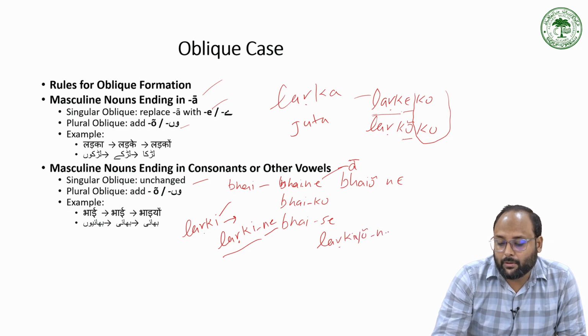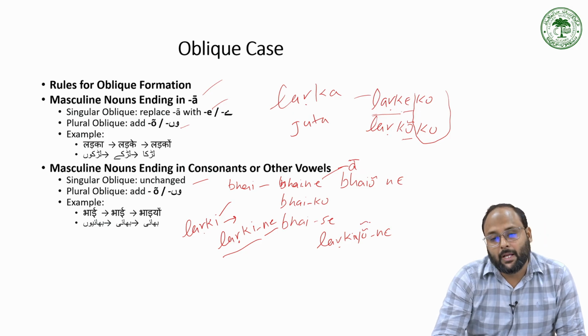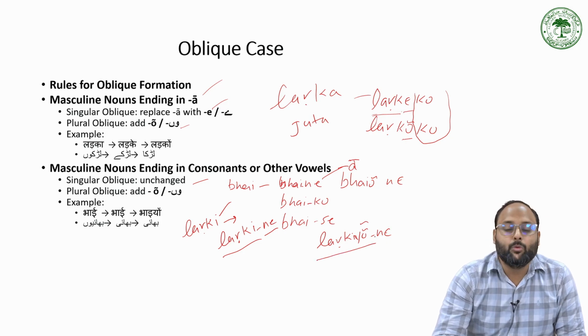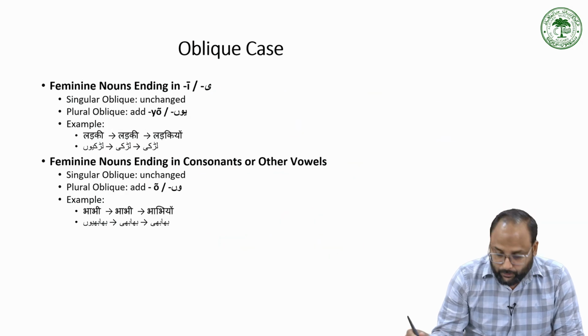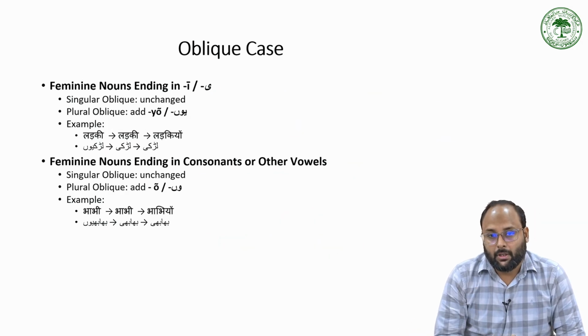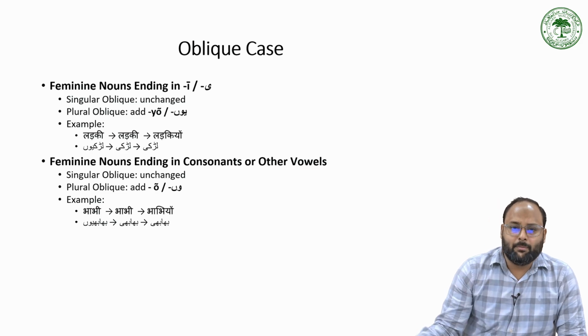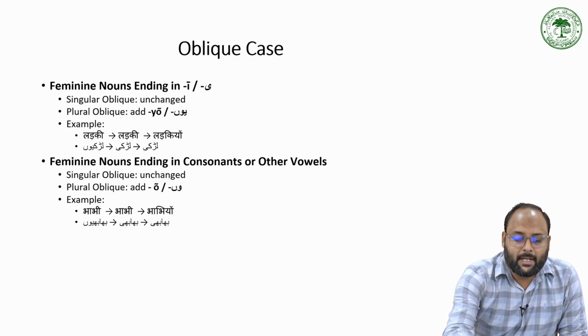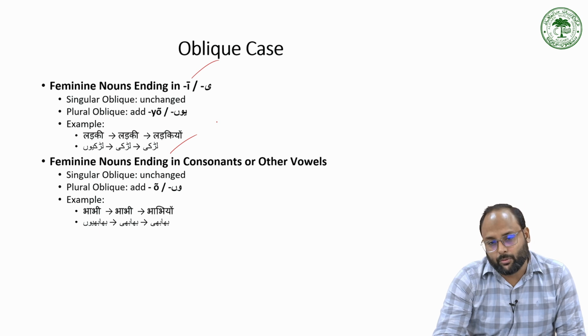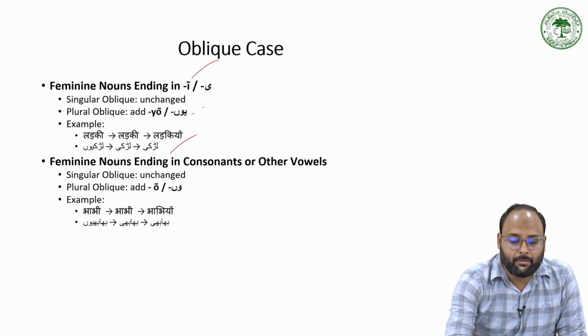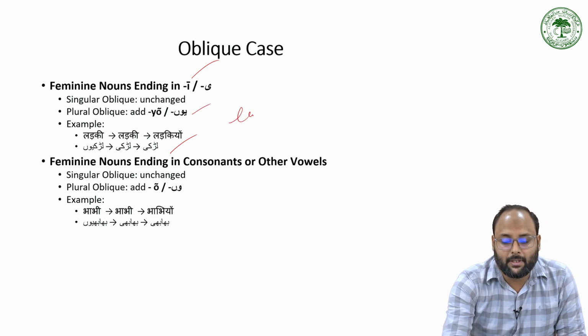For plural we are adding the o suffix when adding the postposition to the plural form of ladki. So that is the change. So for the feminine ending in i, it will change to ladkiyon for plural, and for singular it will not change. Like for singular ladki ne, or for plural ladkiyon ne.